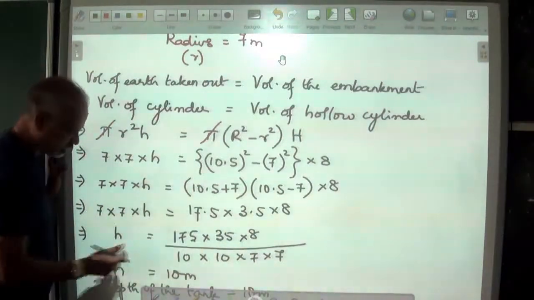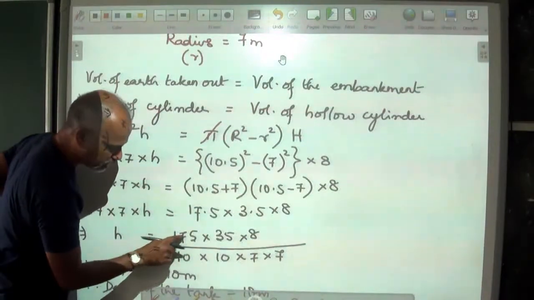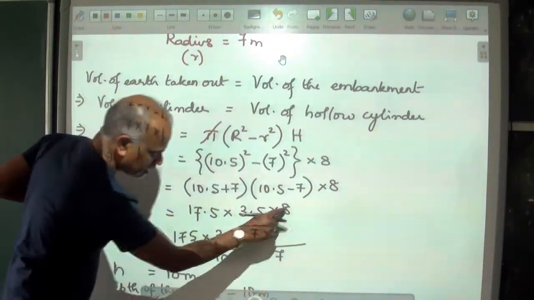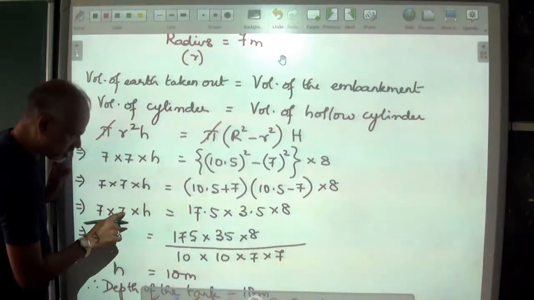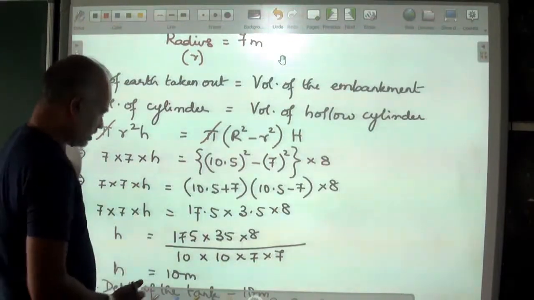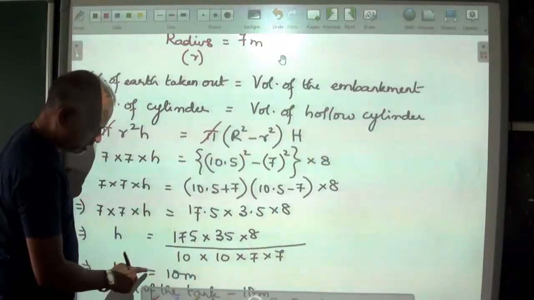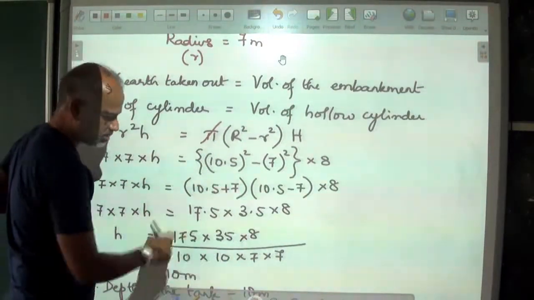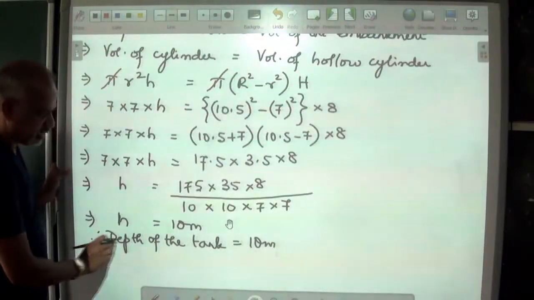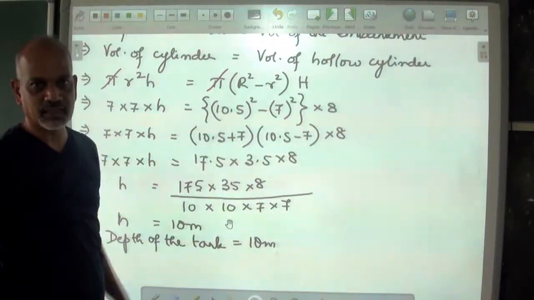Take these numbers that side, so h is equal to 17.5 I have written as 175 by 10, 3.5 I have written as 35 by 10 into 8 is there, and this 7 and 7 goes down. And if you simplify this, you will get the height of this cylindrical tank is 10 meter. After simplification, it gives you 10 meter. Therefore, the depth of this tank, depth of the red tank is 10 meter. That's what is asked.